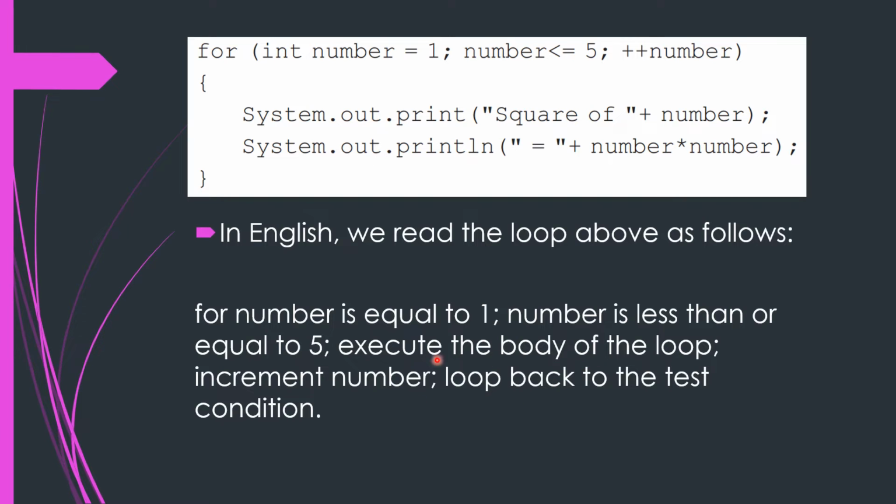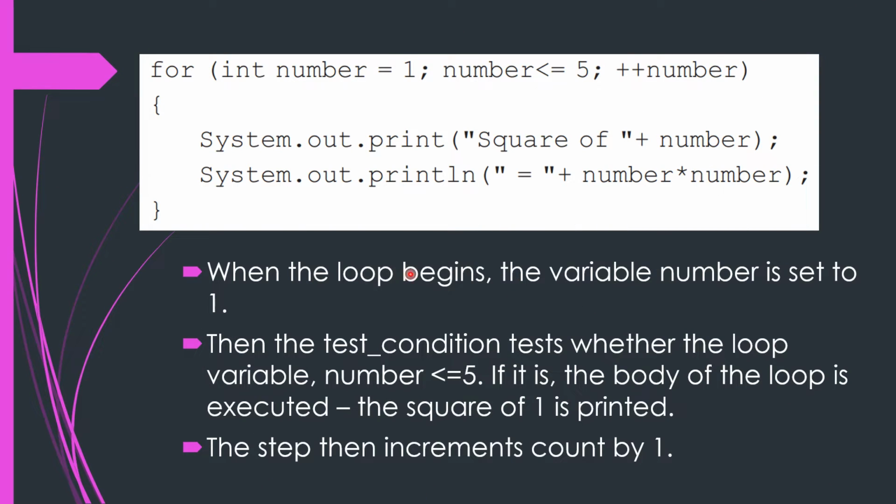So basically, after testing the test condition, whether the number is less than or equal to 5, it will execute the body of the loop, then it will increment the number, and then it will get back to the test condition. So this is how we read the loop, and this is how the loop works. Let us understand it in more detail.